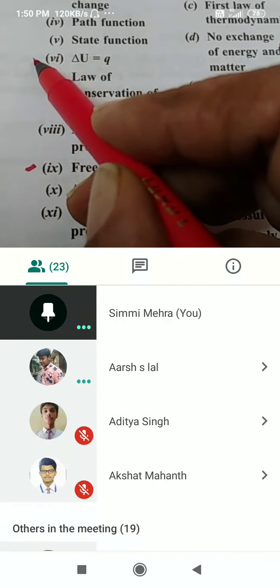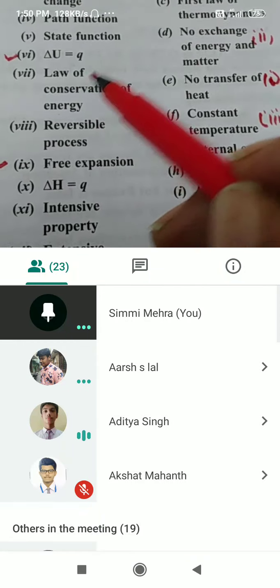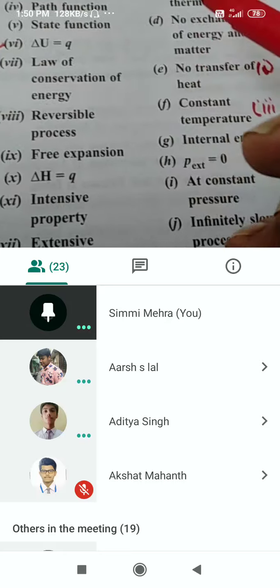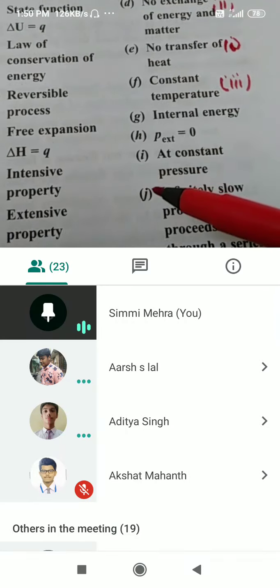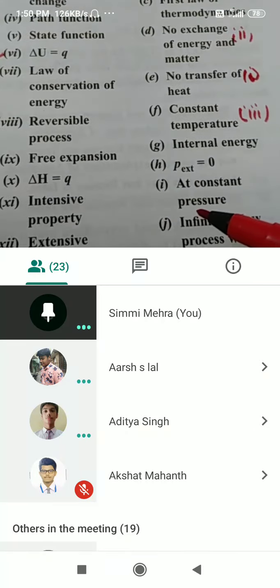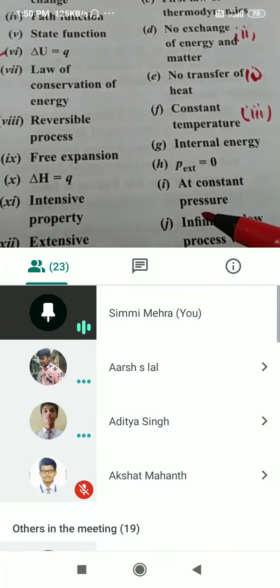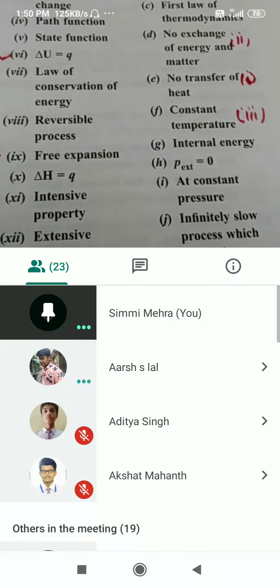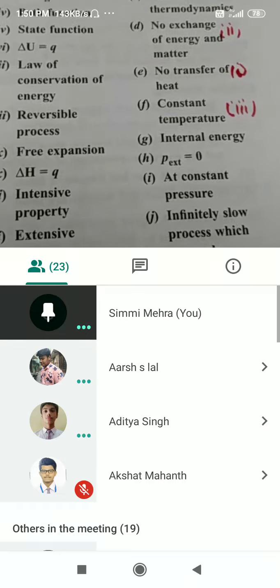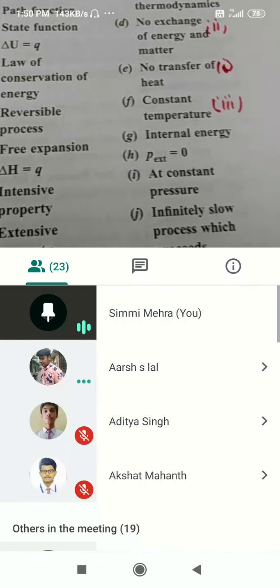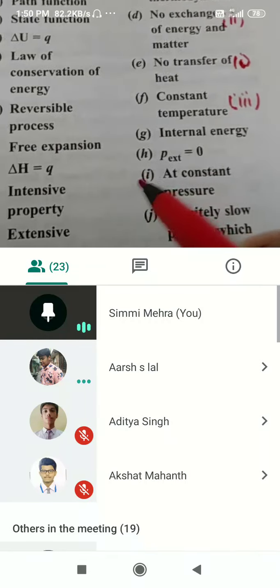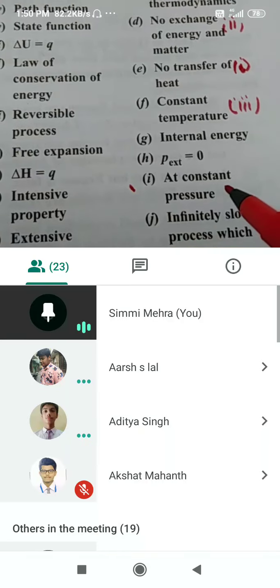This one. Won't it be at constant pressure? Delta U is equal to Q. Yes, it is. At constant volume and constant pressure. So this is correct. This can be there.